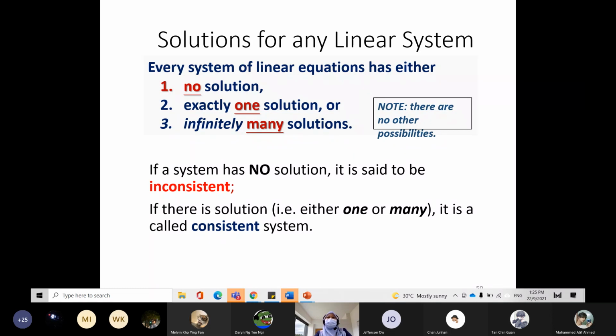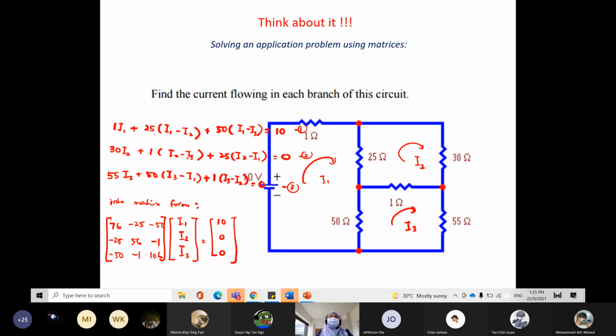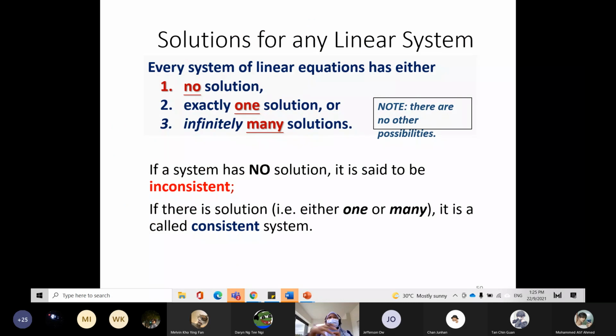Okay, so why do I highlight the linear system? Because most of the time we try to create a mathematical equation in terms of a linear equation. So when you have a linear equation, we try to look into the solution of the linear system. Every linear system may have either no solution, one solution, or infinitely many solutions.